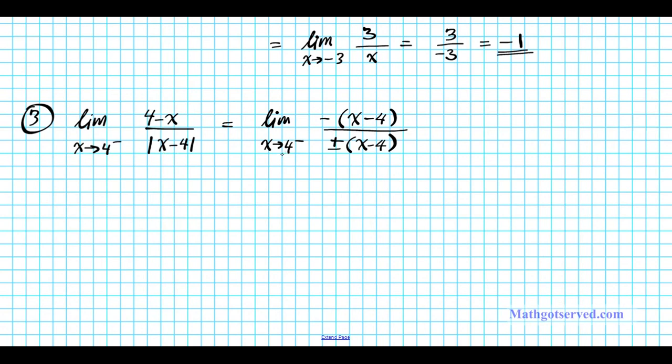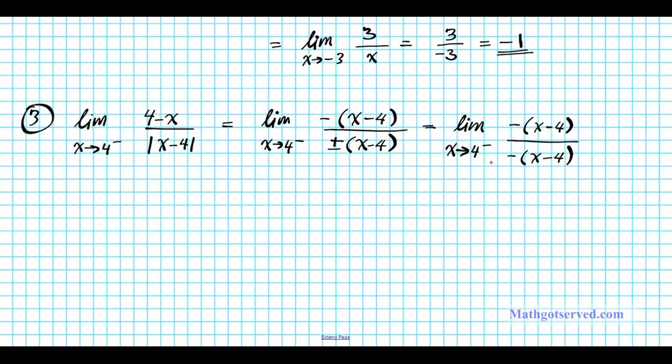Okay, so approaching 4 from the left, you think about 3.9, for example, and then you can see that if 3.9 is smaller than 4, you have a negative result. So what does that mean? This limit can be expressed further as a limit as x approaches 4 from the left of negative x minus 4 over, since we're approaching from the left, negative x minus 4.